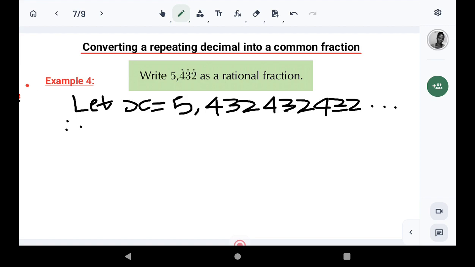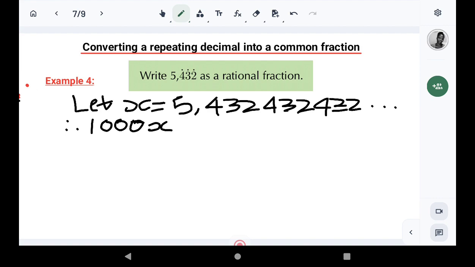Now we multiply by 1,000. 1,000 has 3 zeros, so they will take care of the 3 repeated decimals. We multiply by 1,000 because we've got 3 decimals recurring. If we had 2, we would multiply by 100. If we had 4, we would multiply by 10,000, and so on.